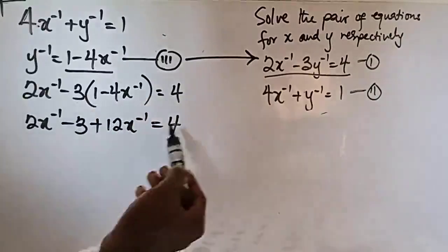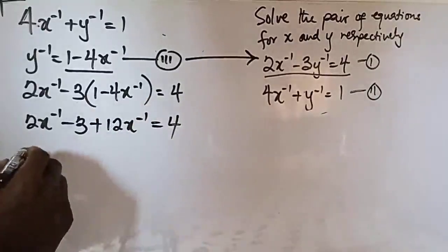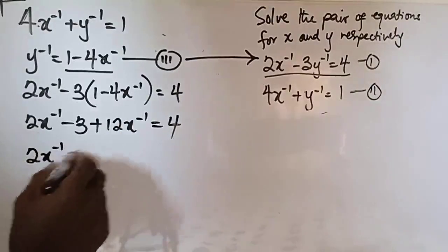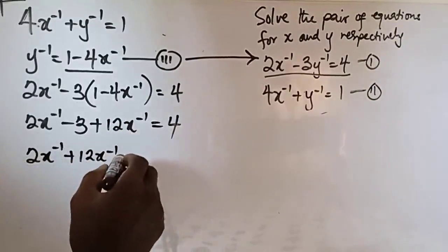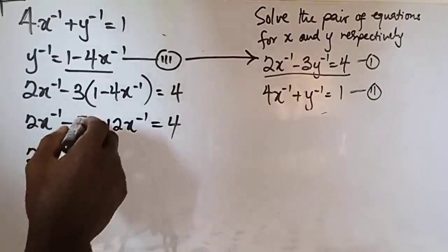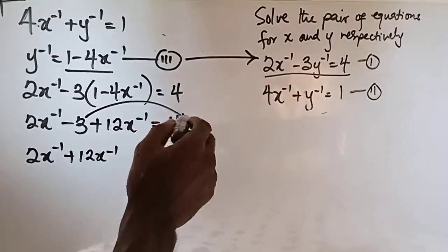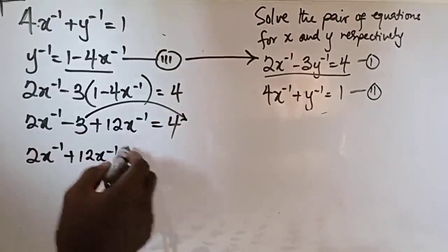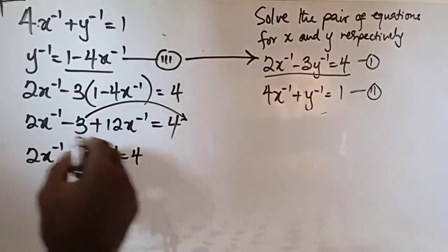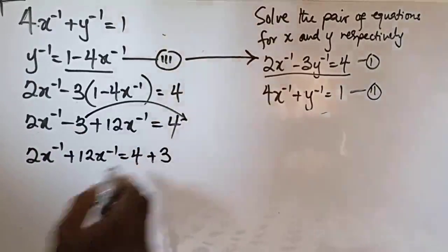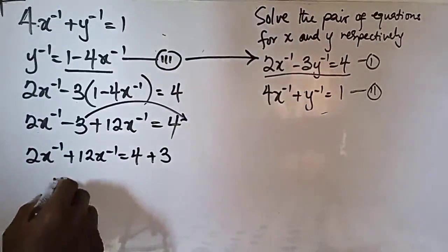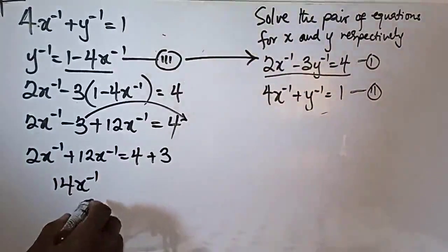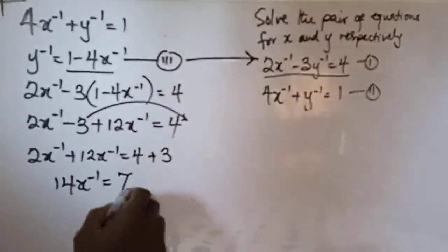So we can now collect like terms. Here we have 2x raised to power minus 1 plus 12x raised to power minus 1, then taking this over to this end, this becomes equals to 4 plus 3. Adding this together, we have 14x to power minus 1 equals 7.